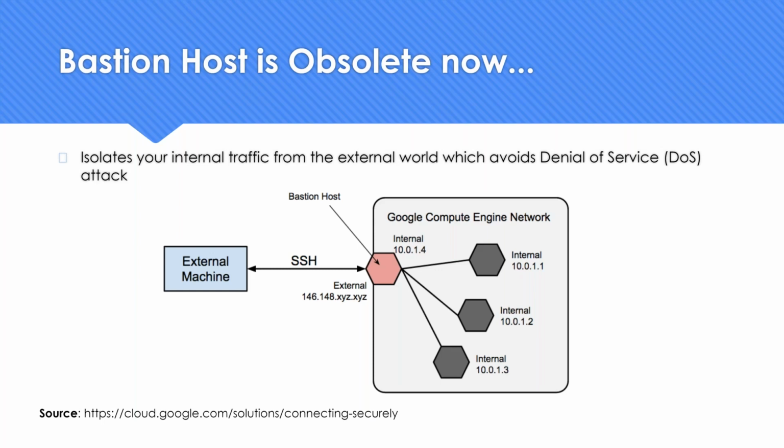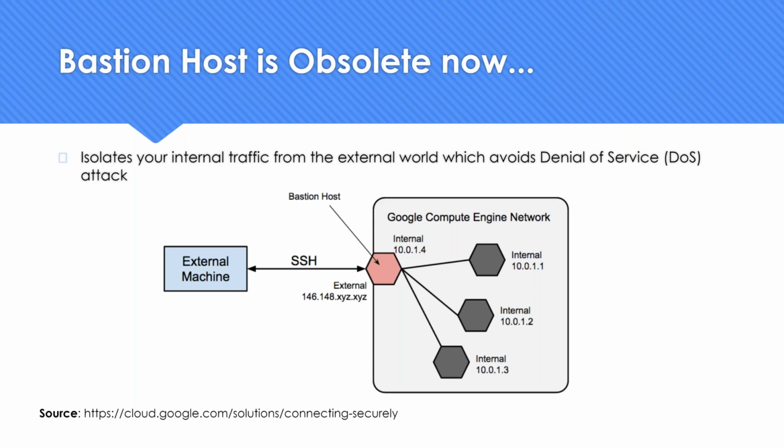With the way Google's network works, I can have a VM with a totally internal IP address and still connect to it from my laptop or my corporate environment. I can do everything easily. So at least with Google Cloud, the bastion host looks to be obsolete. You don't need it anymore, and it works beautifully for Windows and Linux machines.